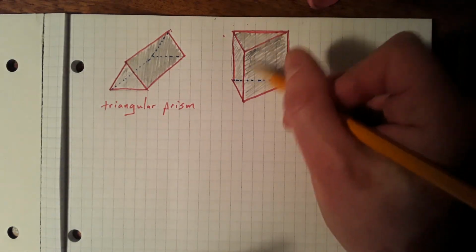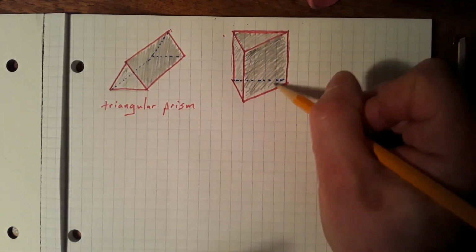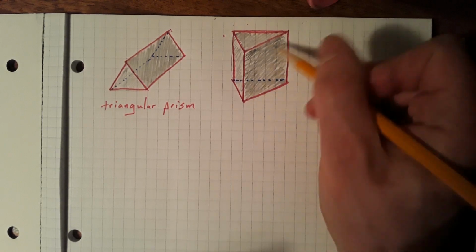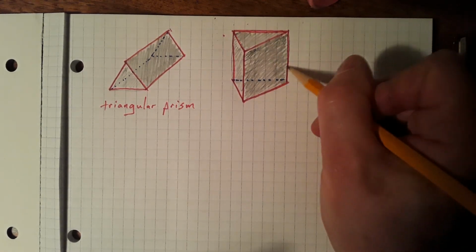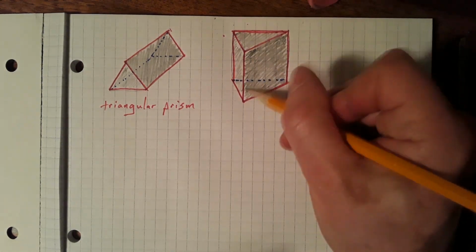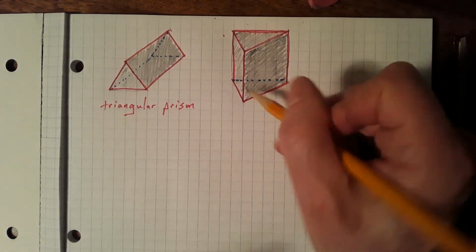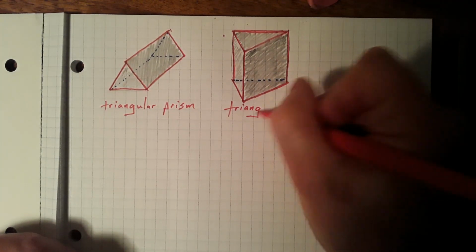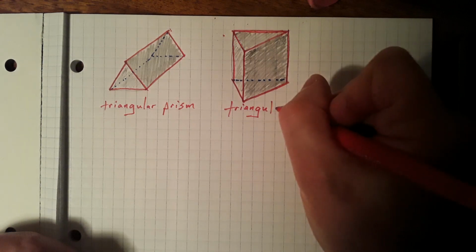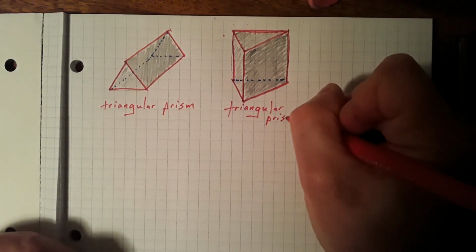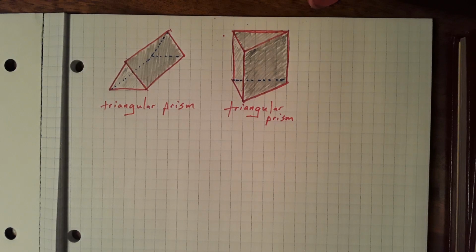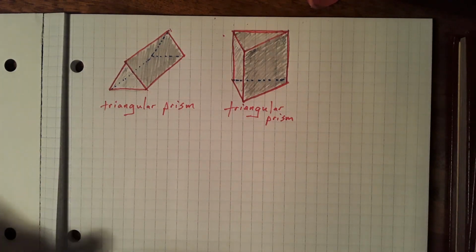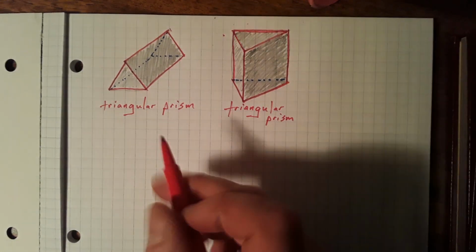Maybe this face should be a little darker, give it that three-dimensional quality. So that's also a triangular prism. As long as you have the same shape as the top and bottom, back and front, it doesn't matter the orientation. You can make any prism that you want.